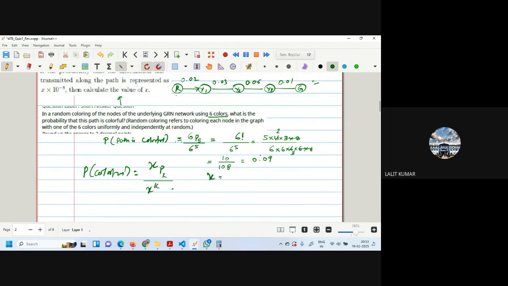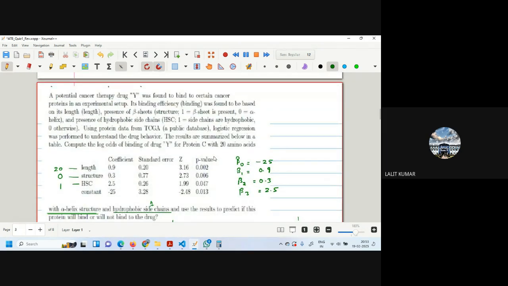They have given x is equal to 6, and k is the number of nodes: 1, 2, 3, 4, 5. So k is equal to 5. You just solve it and you'll get the answer, which comes to 0.09. Is this okay? Everyone? Yes. So remember this formula, okay?